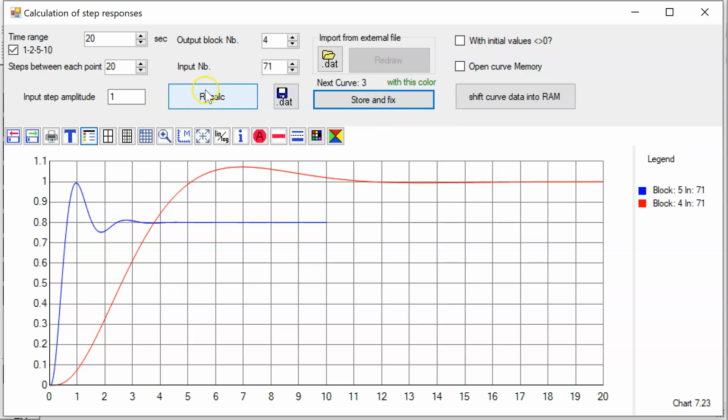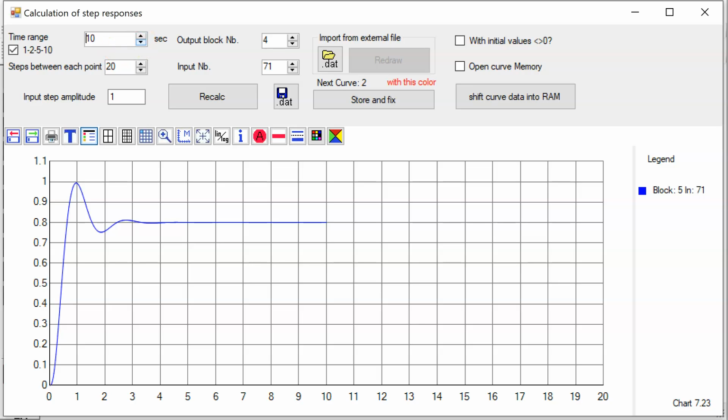I store this, and the PI controller, you see, final value is very fine at 1, much faster than this. Forget the red curve, just work with the green curve, that's okay. So at this time, to have a good curve diagram, I delete the last both curves.